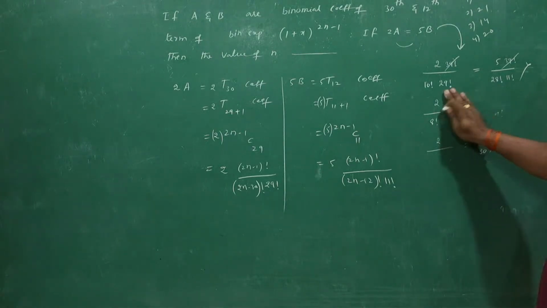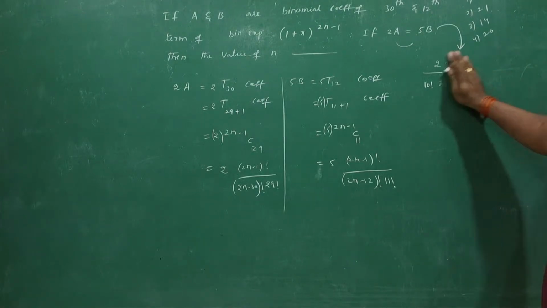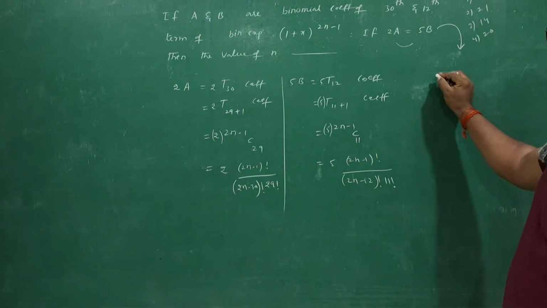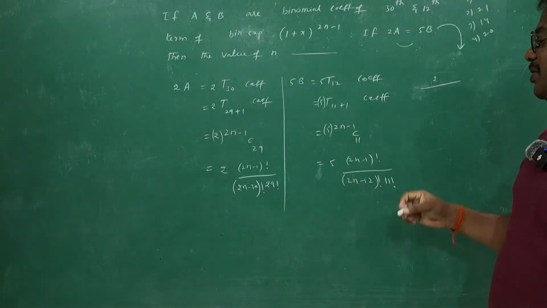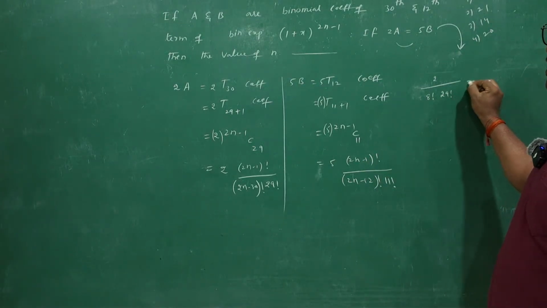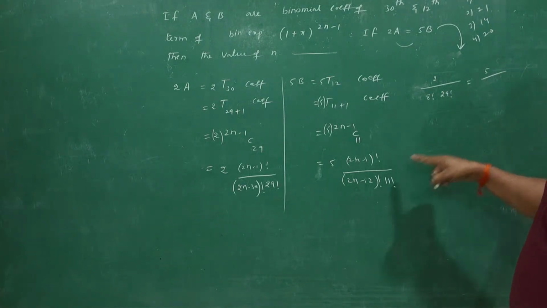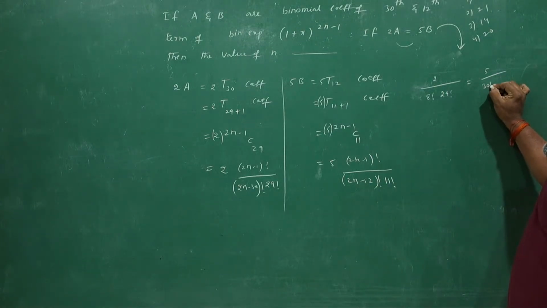Somewhere it is gone. Let us cross check. I am going to write 21, second option. Here it is 2. Next, 21 into 2, 42. 42 minus 30, 8 factorial and then 29 factorial. Next, in the right part, 5 divided by 42 minus 12, 30 factorial.